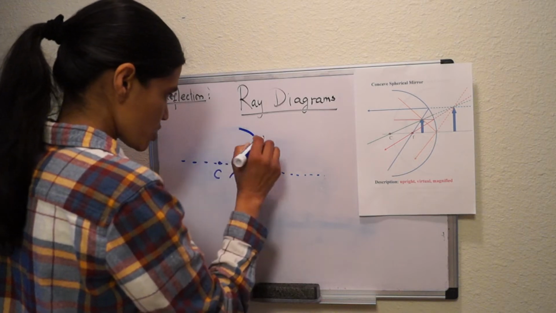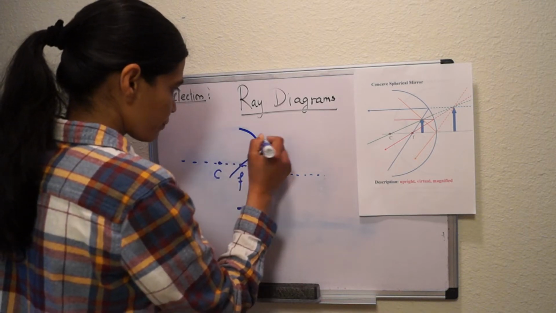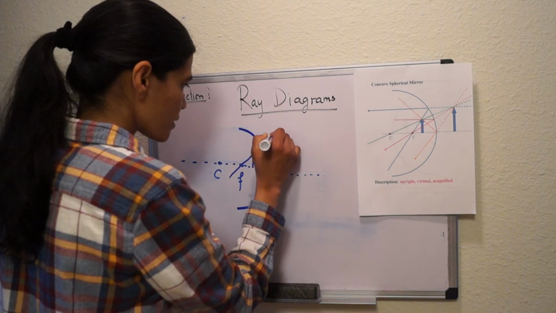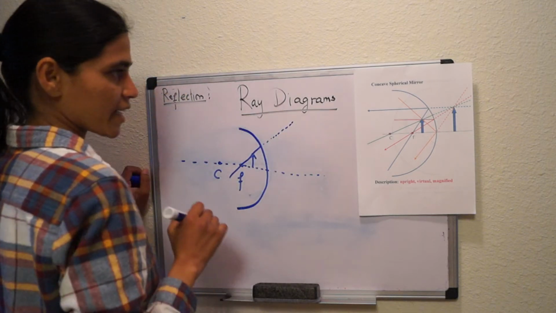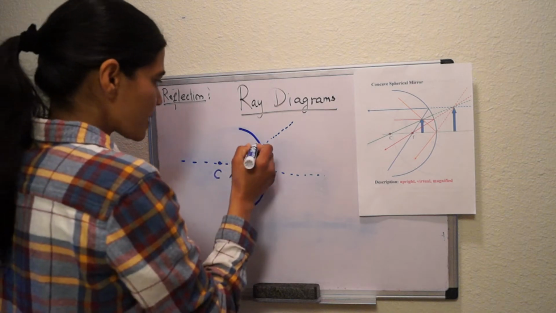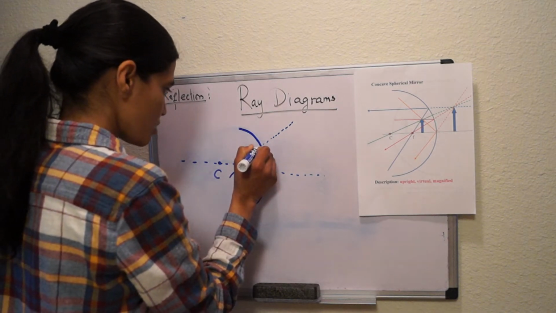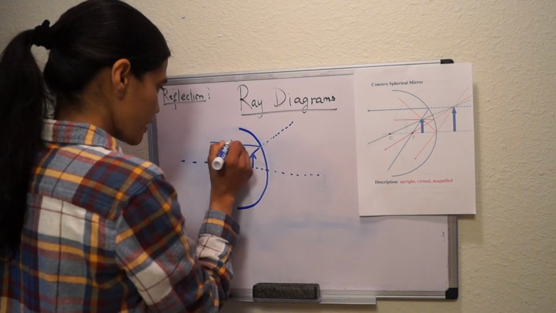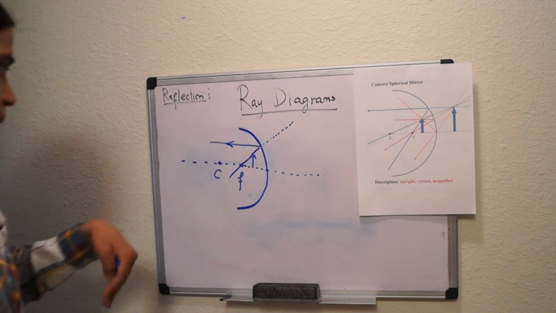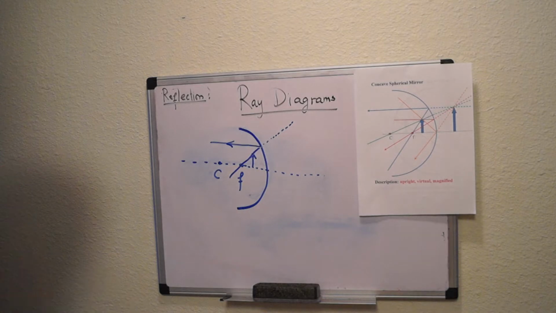Now it's entering this way, okay, and then it doesn't go here, but we can make it dotted, dot dot dot, but then it reflects parallel to the optical axis like this, okay. So it is coming back parallel to the optical axis.